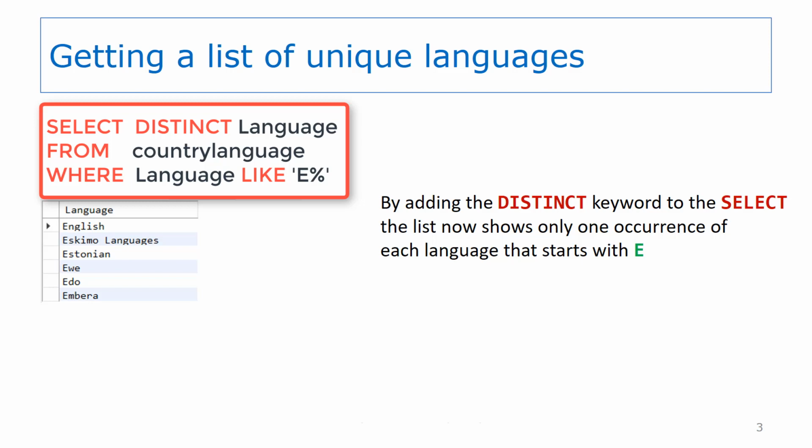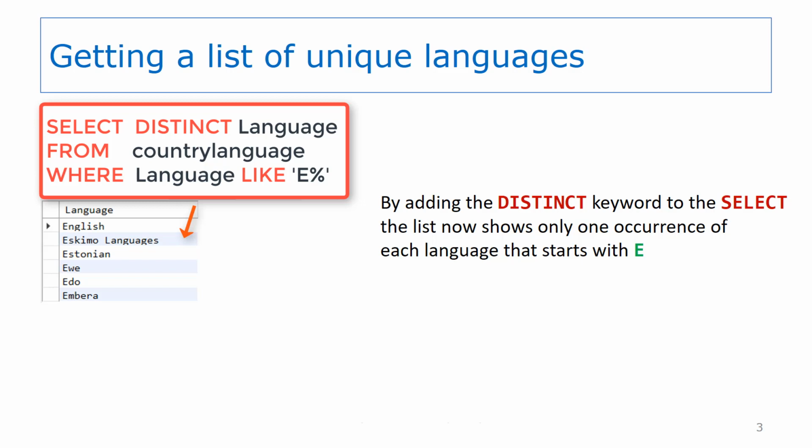For now, look at this select statement and the results. This select is the same as on the previous slide with the addition of the DISTINCT keyword. We are still selecting from the country language table, and we are still selecting for languages that start with the letter E. But notice what happens when you add DISTINCT.